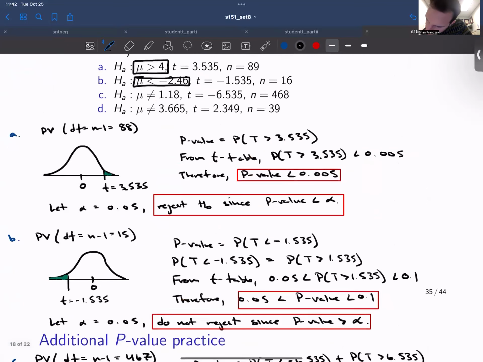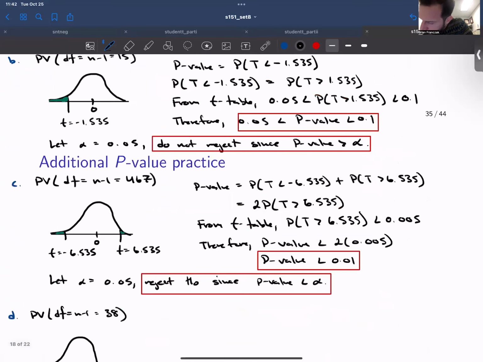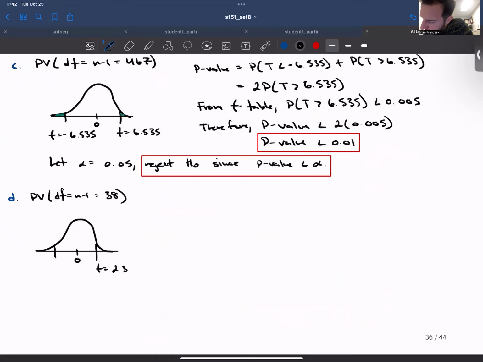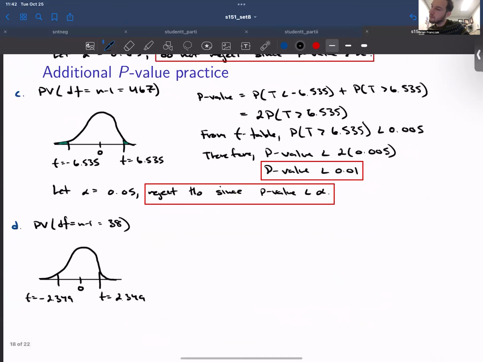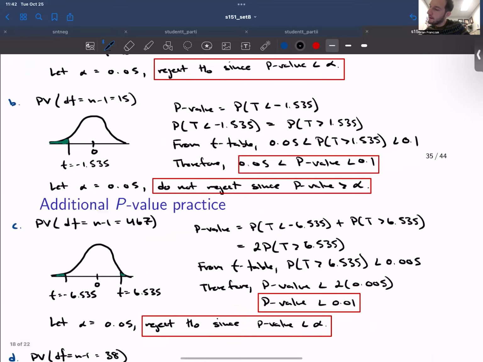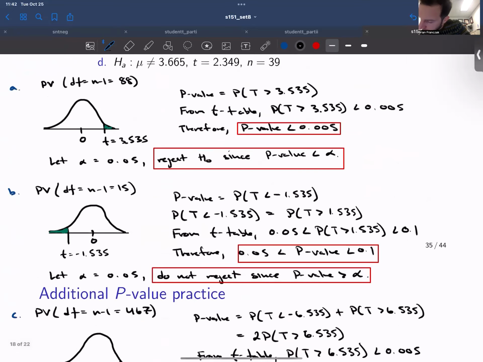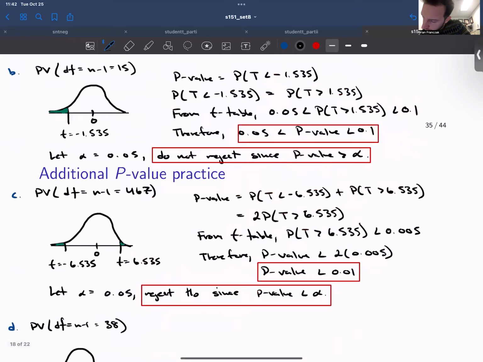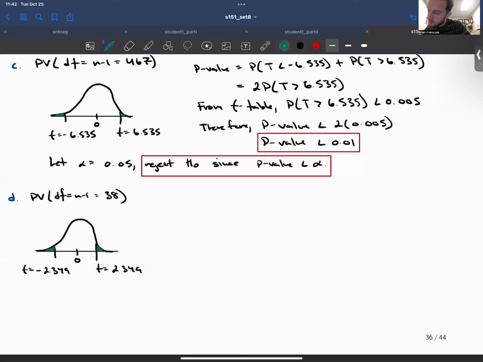Okay, so we mark down 2 boundary points here. So regardless of the value of the t-value, we still have to take the same approach. Okay, so our area for the p-value is the area to the right of 2.349 and the area to the left of negative 2.349.